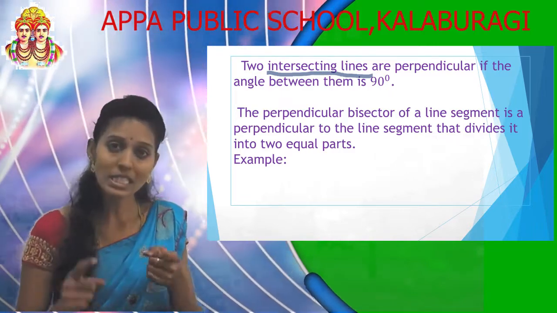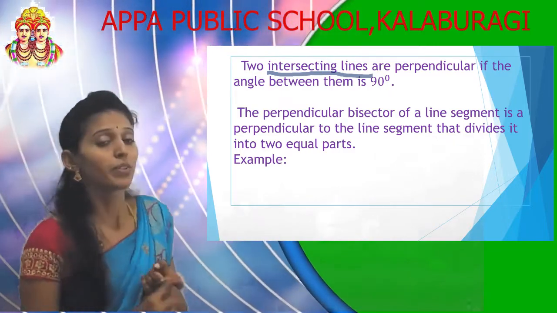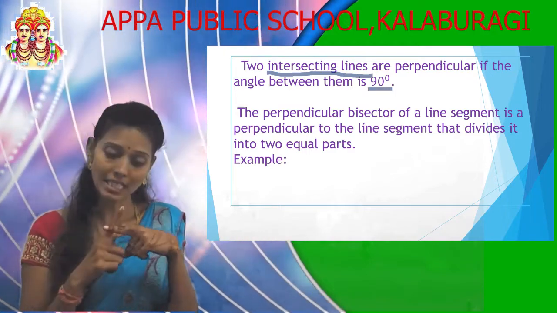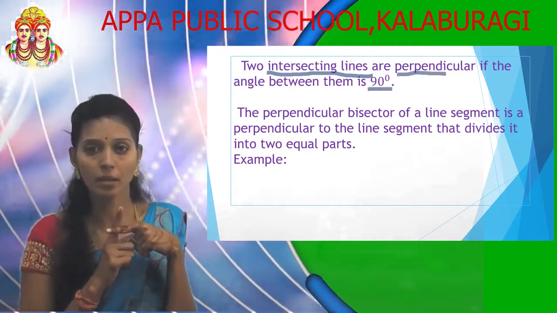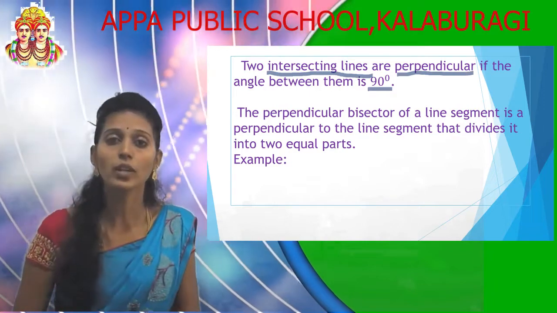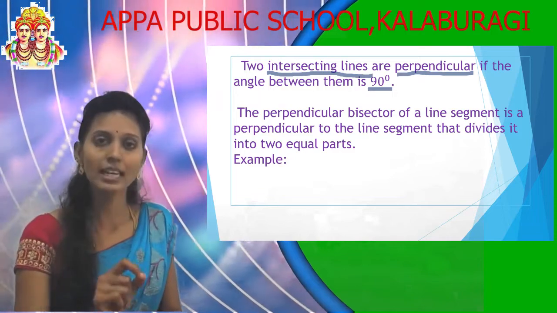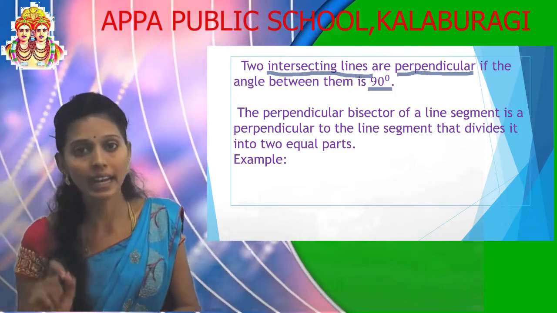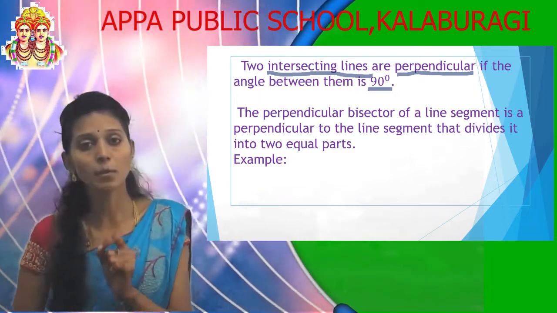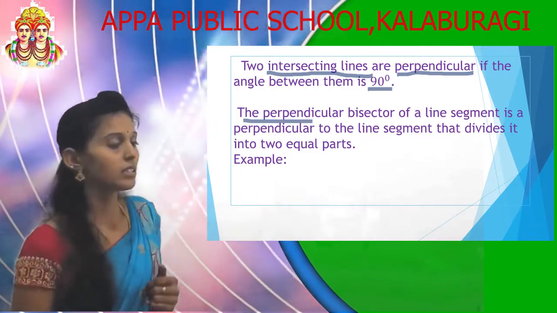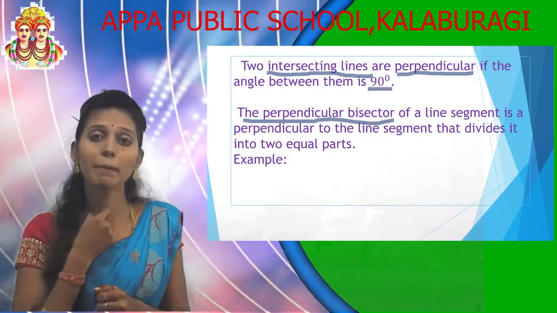Here, if those intersecting lines intersect with 90 degree angle measurement, then they are known as perpendicular lines. The same intersecting lines only will be known as perpendicular lines when the angle measurement is 90 degree.